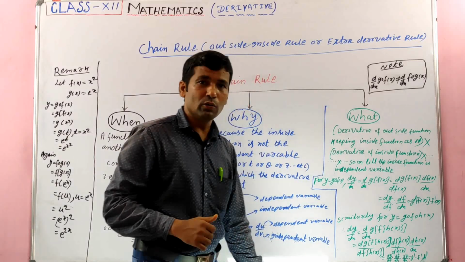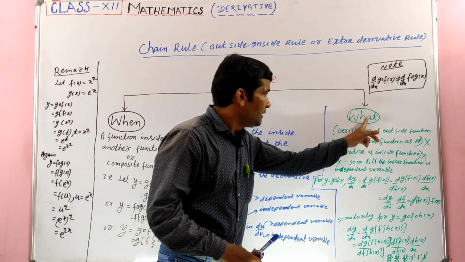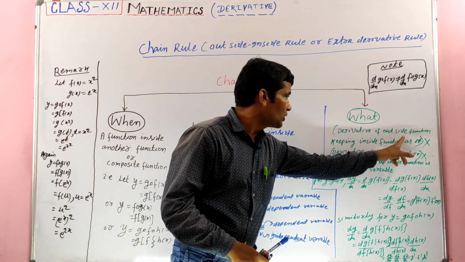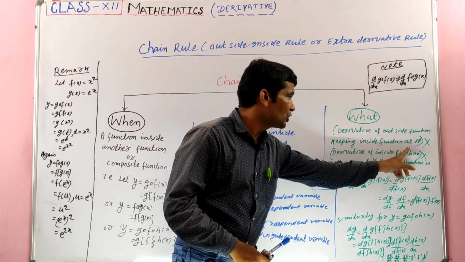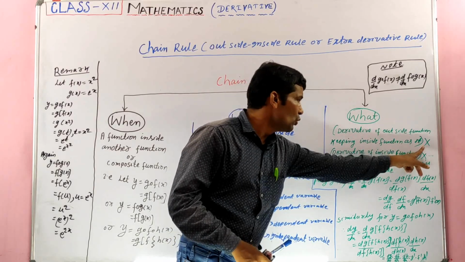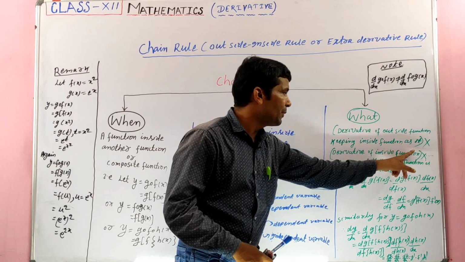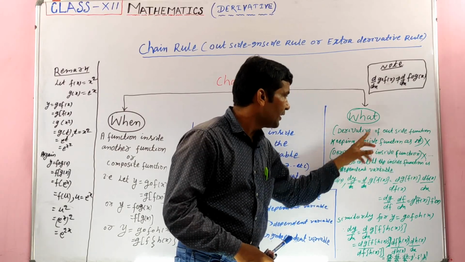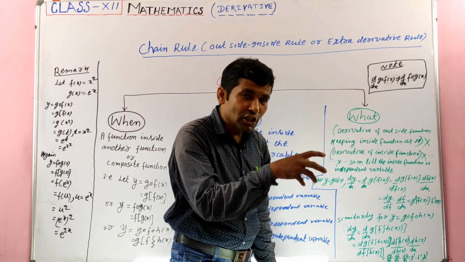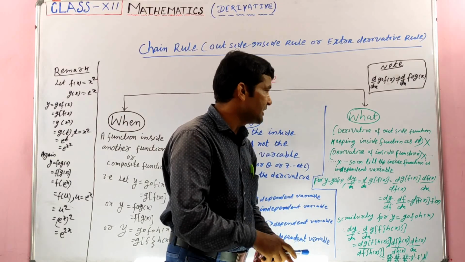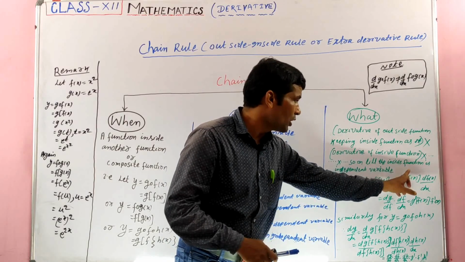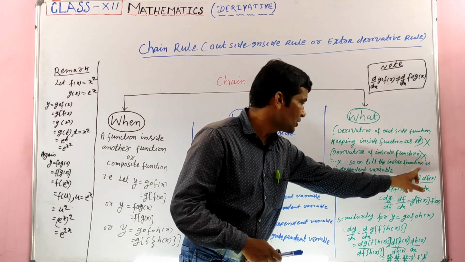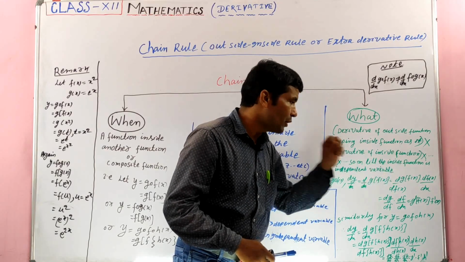Now, what is the chain rule? Derivative of the outside function keeping the inside function as it is, into the derivative of the inside function keeping the function inside that also as it is, and so on, till the inside function is the independent variable.